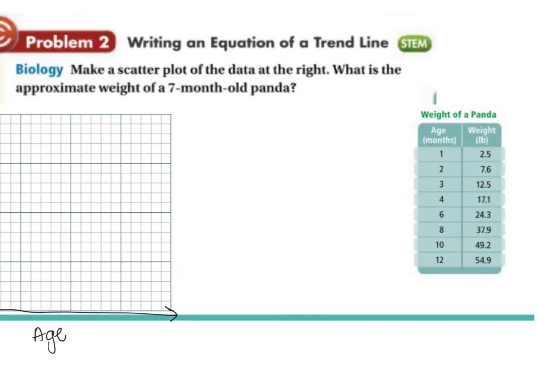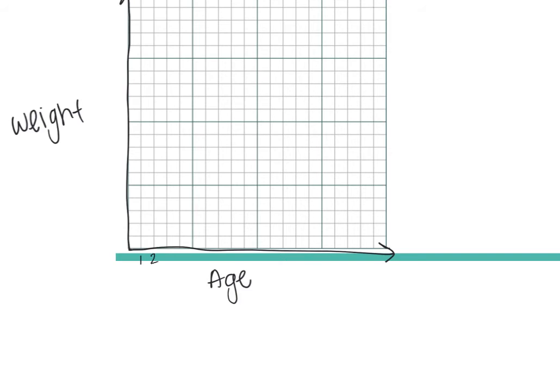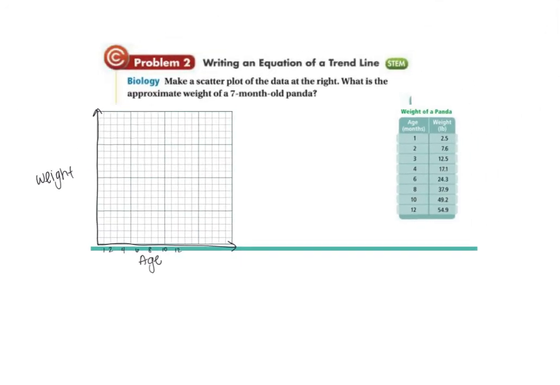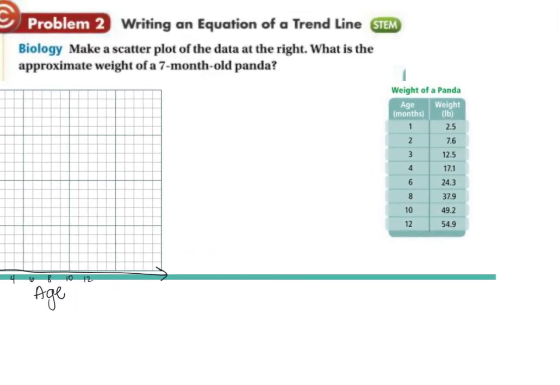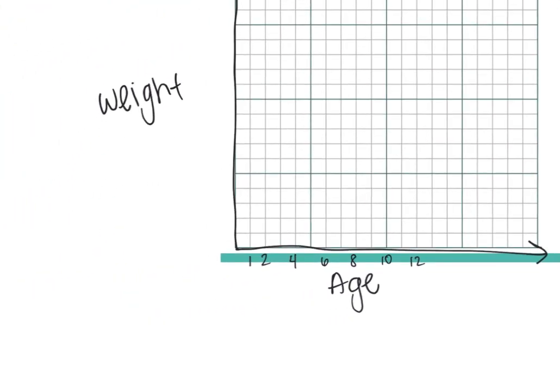My age goes from 1 to 12, so let's go 1, 2, 4, 6, 8, 10, 12. And my y-axis goes from 2.5 to 54.9. Let's go by fives: 5, 10, 15, 20, 25, 30, 35, 40, 45, 50, 55.